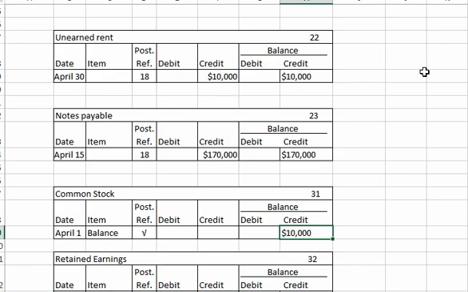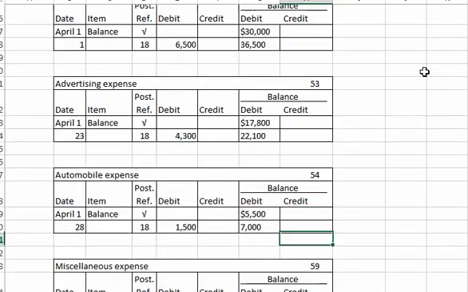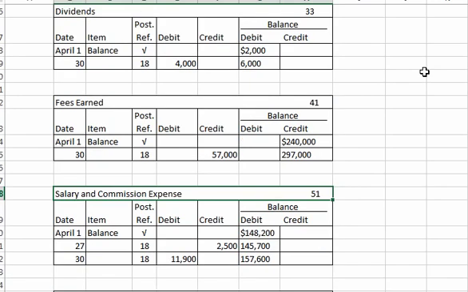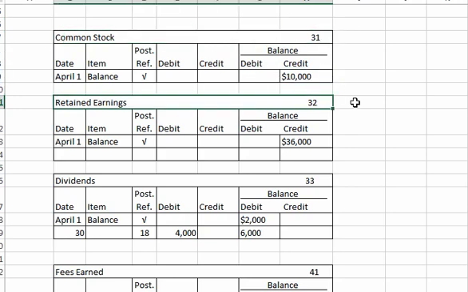It also has a credit balance for $10,000. It's not at all related to that unearned rent, those two being the same amount. That's just purely coincidental. Next we have retained earnings, account number 32. Credit balance for $36,000.